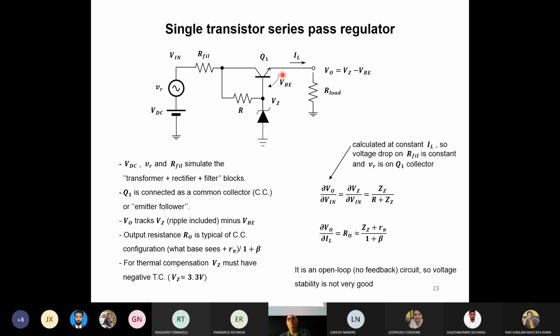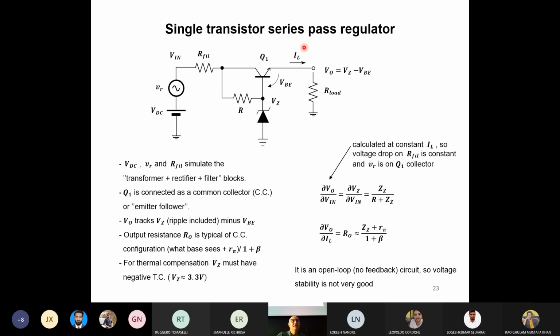Actually, the point that the base current of the transistor is small, is zero, is not true, because if we are taking a current from the emitter of the transistor, that's basically the same as the collector current, but we need a base current. The base current for this transistor is going to be IL divided by beta, the current gain of the transistor.